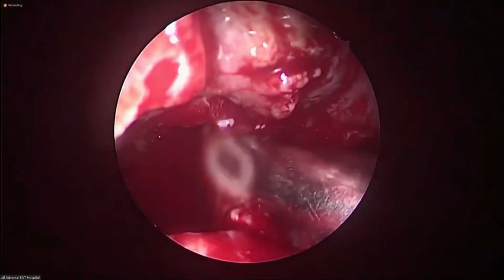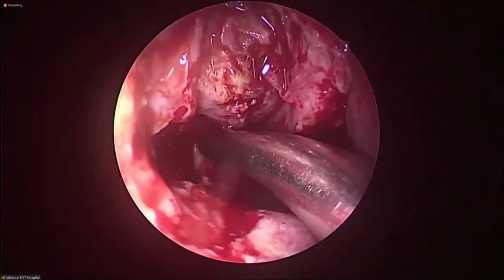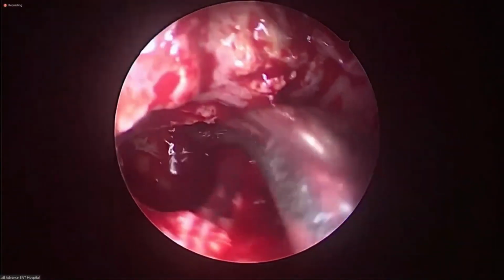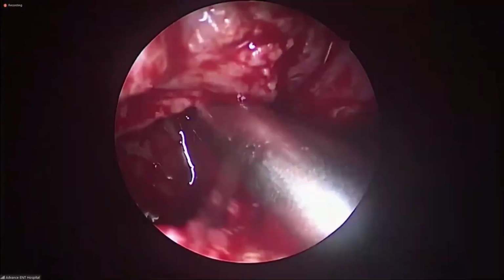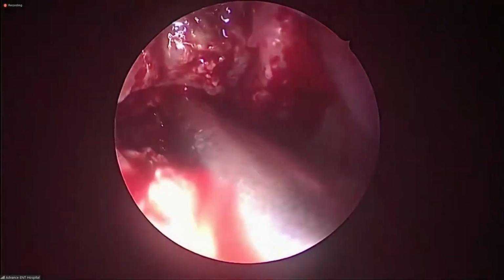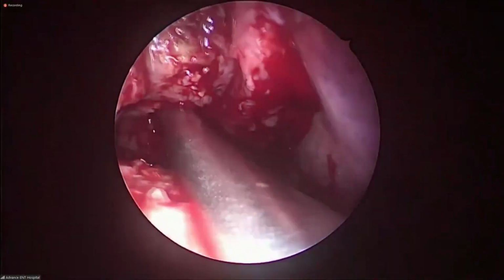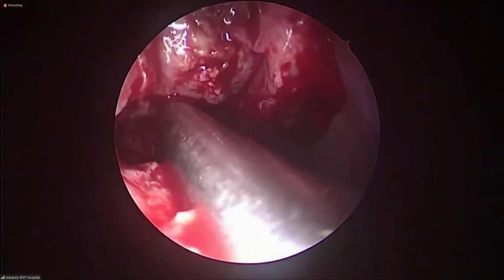Now see what I have done. Wide middle meatal antrostomy. Yes, sir. The wide opening. No polyps inside, sir. No fungal ball. No, that we knew from the CT scan. Yes, sir.